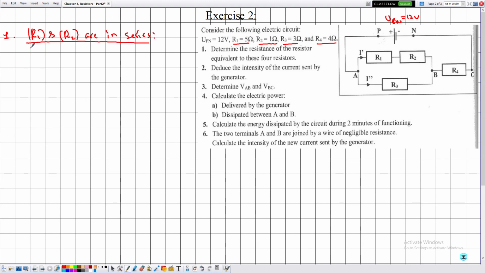Then the equivalent resistance is given by R12 is equal to R1 plus R2, which is equal to 5 plus 1, which is equal to 6 ohms. Then R12 is equal to 6 ohms.